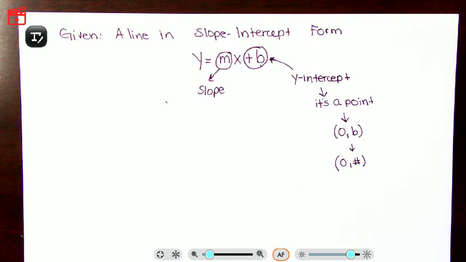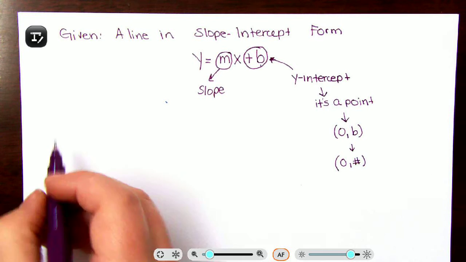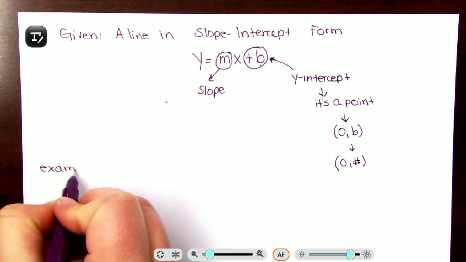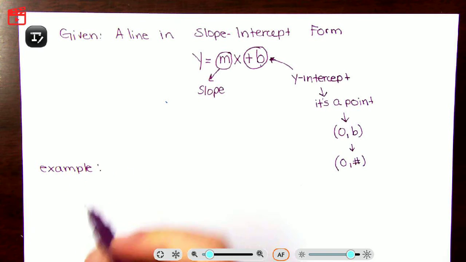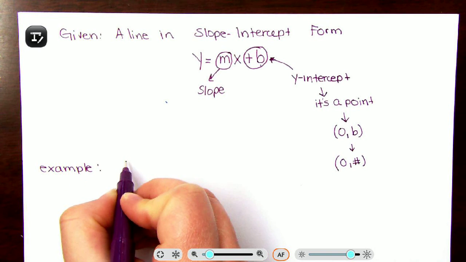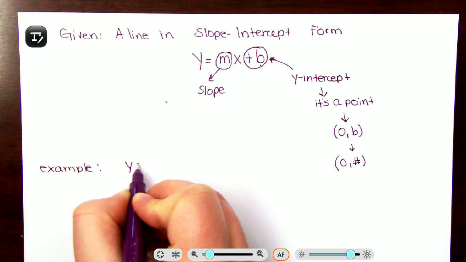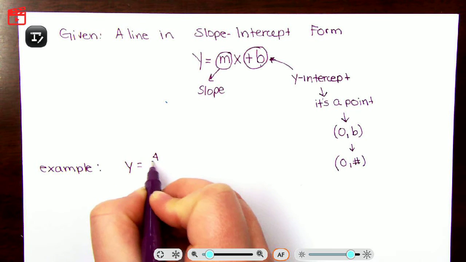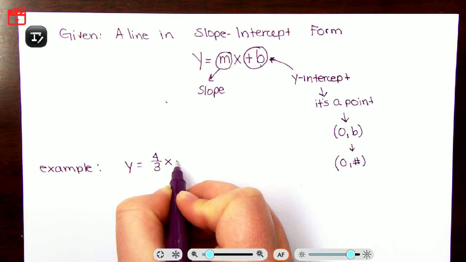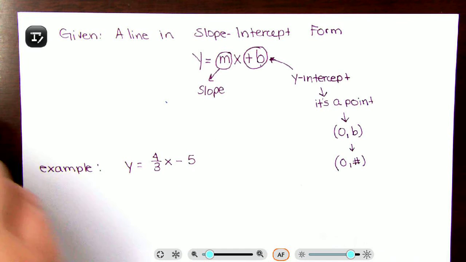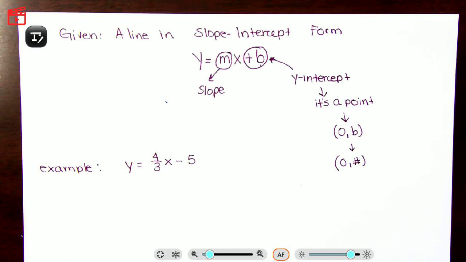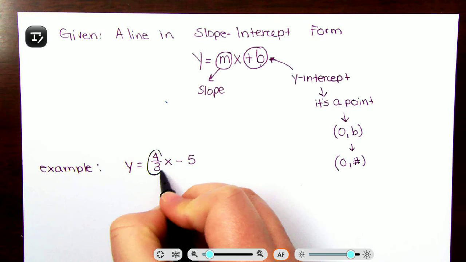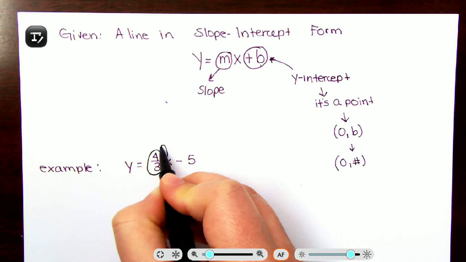Okay, so then if you have, for example, an equation that is y equals 4/3 x minus 5. And the question is asking you to identify your slope and y-intercept. So all you have to do is look at the number in front of x.